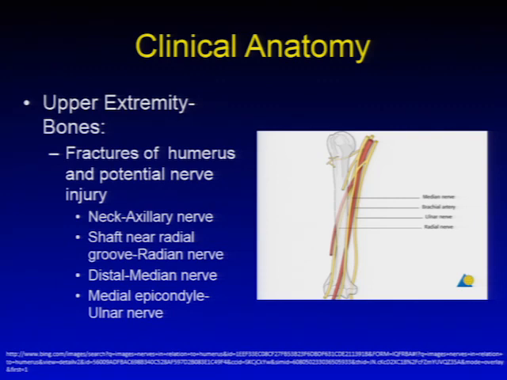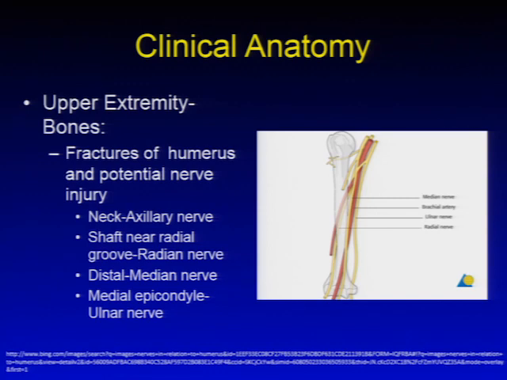We will now discuss some of the anatomy we have covered as it applies clinically. Beginning with upper extremity bones, fractures of the humerus may lead to nerve injury as well. In particular, fractures of the humeral neck may injure the axillary nerve.